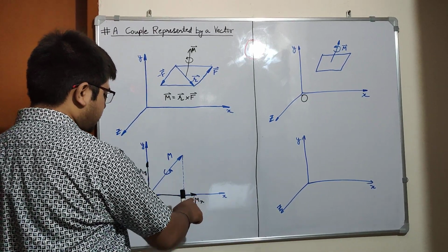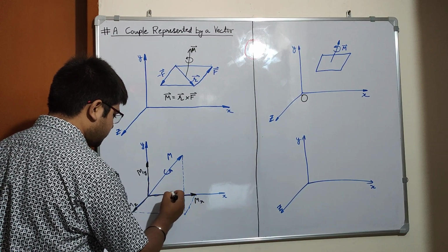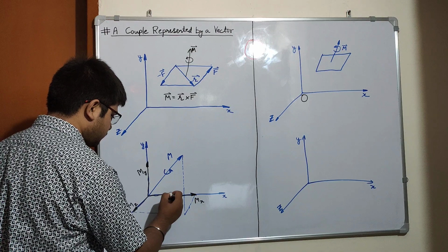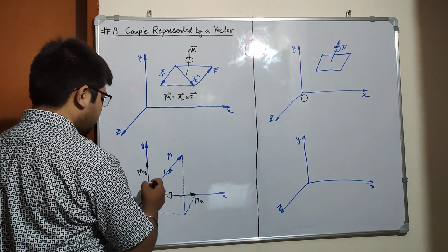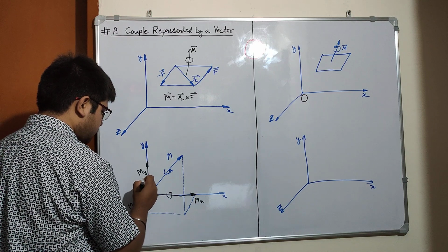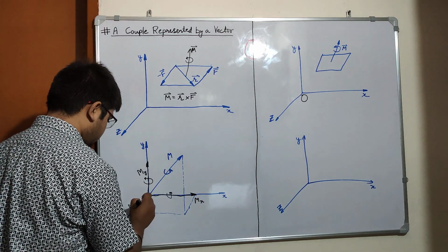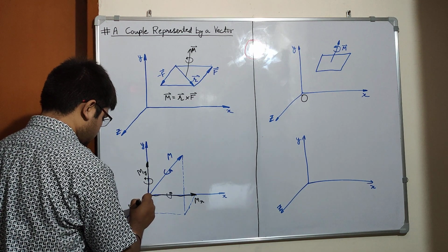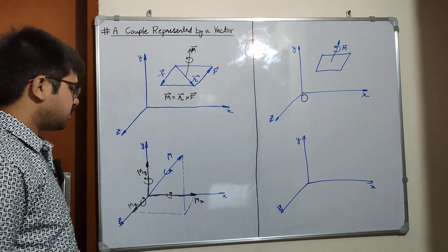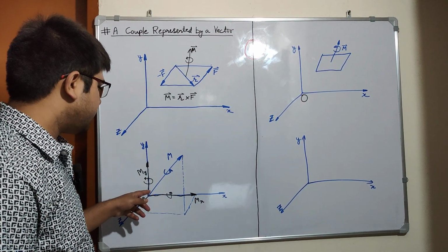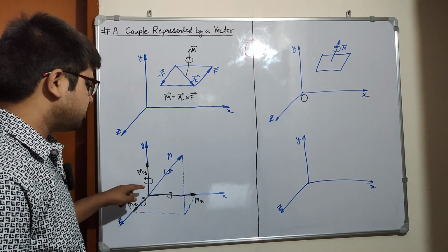So the Mx vector would have the moment vector direction as this, the My vector would be like this, and the Mz vector would be like this. So these are the three directions in which the M vector has been resolved.